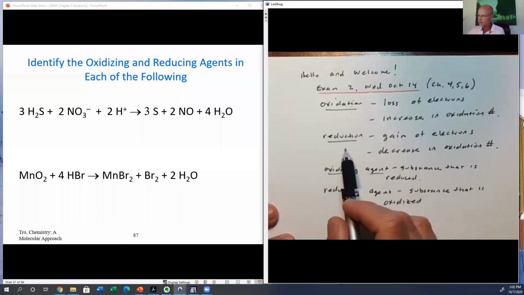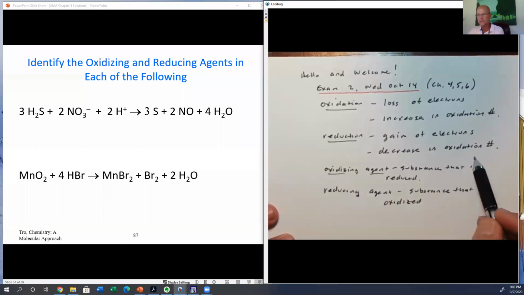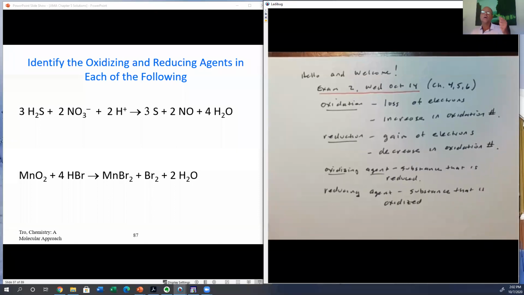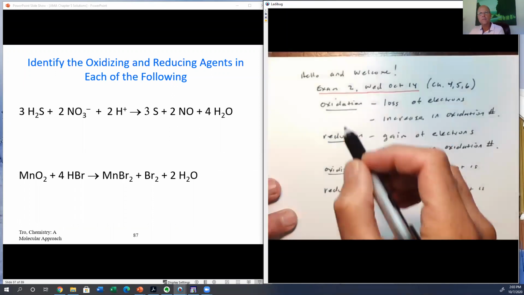Reduction is the gain of electrons or a decrease in oxidation number. In a chemical reaction that involves oxidation and reduction, one thing is always oxidized and another thing is always reduced. They must happen together. Why? Because if something loses electrons, something else has to gain them. So oxidation and reduction occur together, and one thing is oxidized, the other one's reduced.